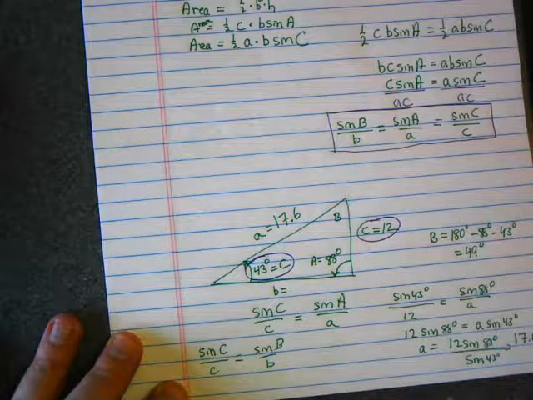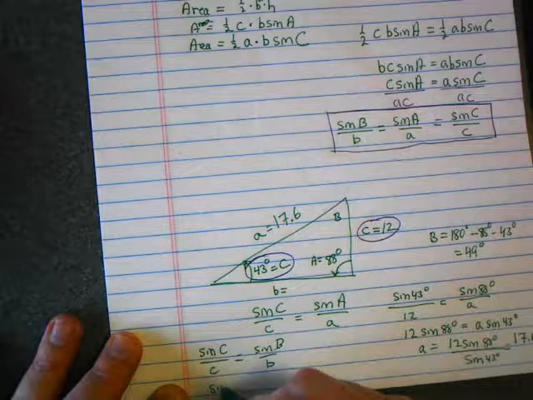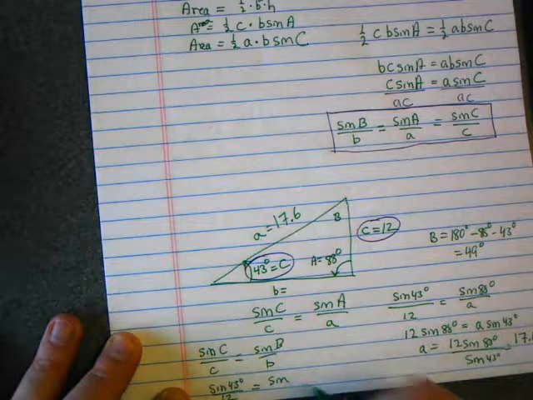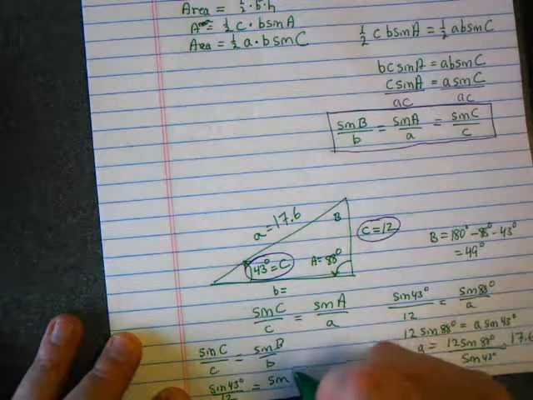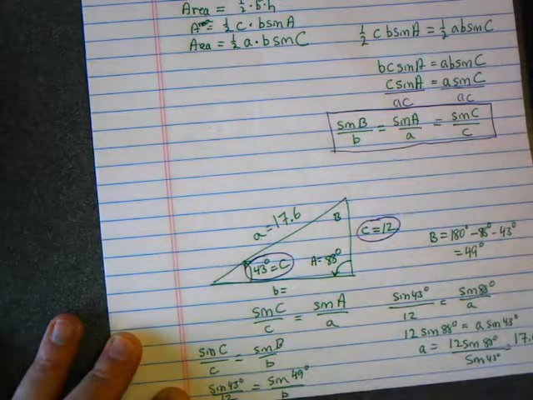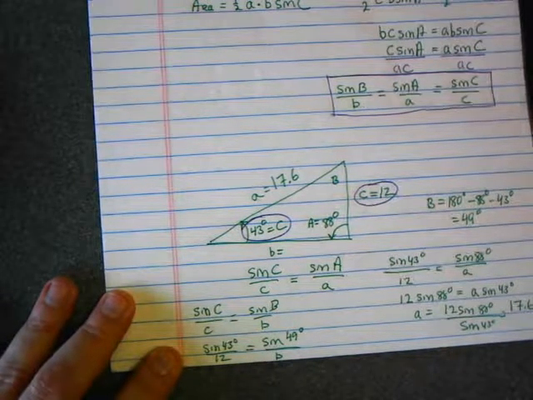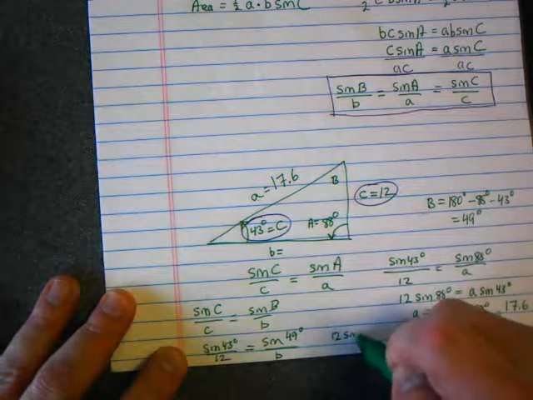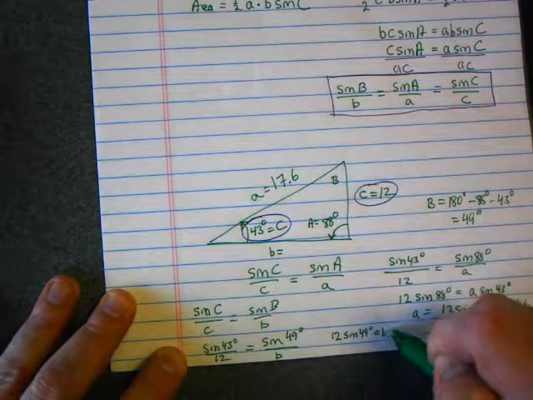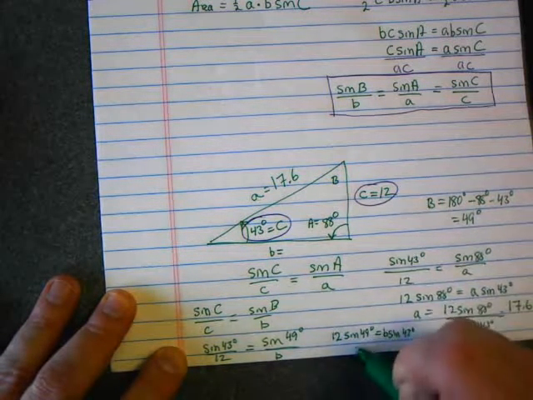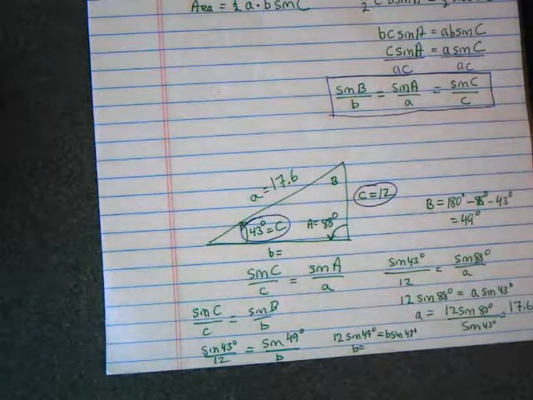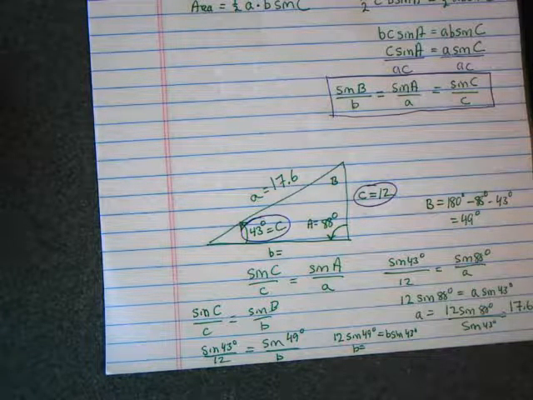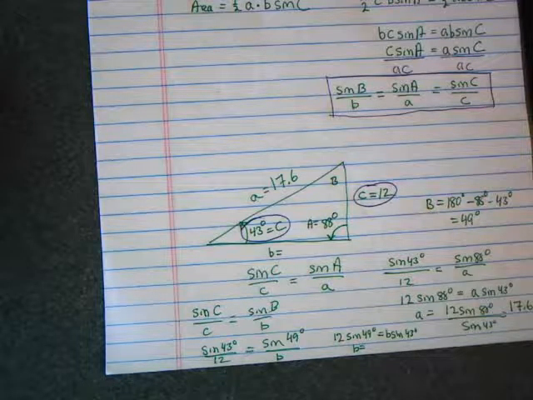So I'm going to have sine of 43 divided by 12 is sine of B, which was 49, over B. 12 sine 49 degrees is B sine 43 degrees. So B is going to be, I grab my calculator, 12 sine 49 divided by sine 43. I got 13.3.